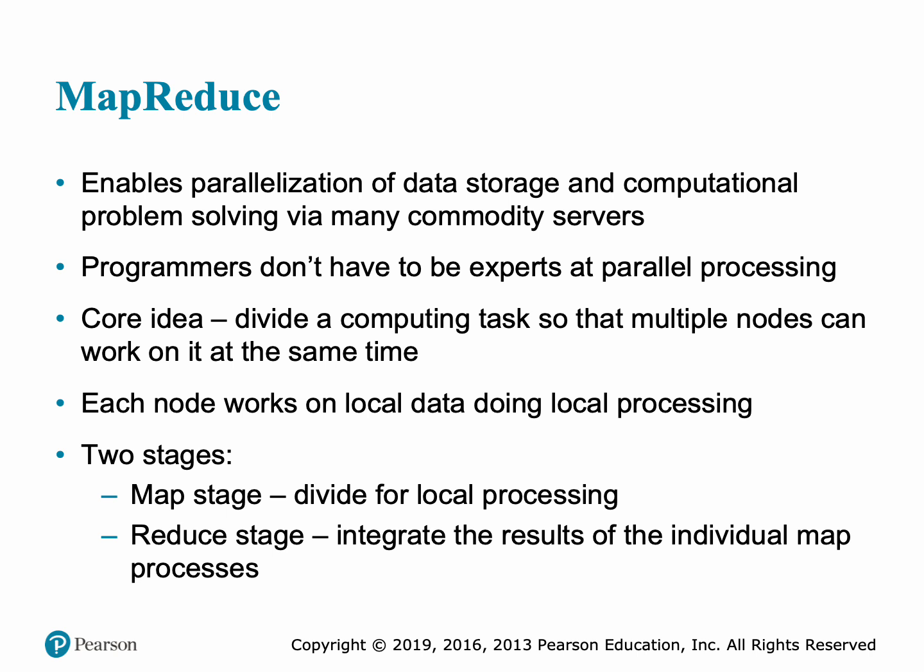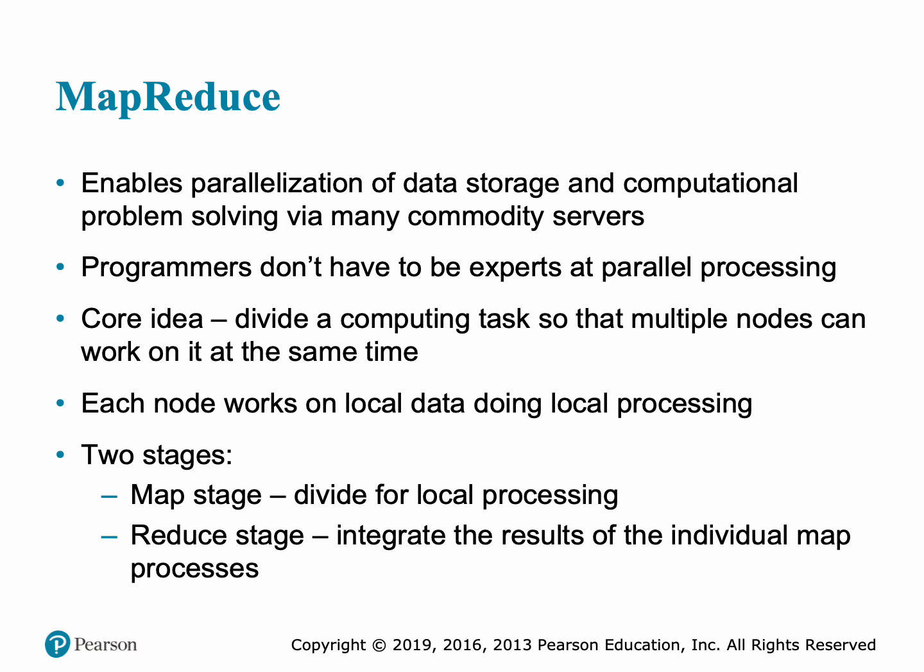Now let's look into MapReduce. MapReduce is a programming model and software framework introduced by Google for processing and generating large datasets with a parallel distributed algorithm on a cluster. The model is composed of two main functions, the map function and the reduce function. The map function processes input data and produces a set of intermediate key-value pairs.